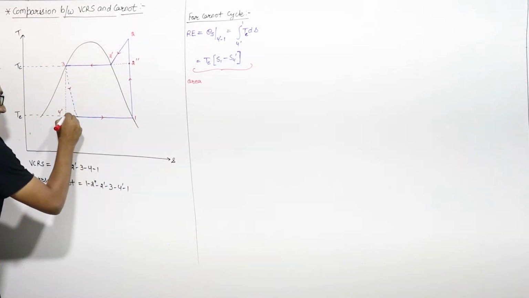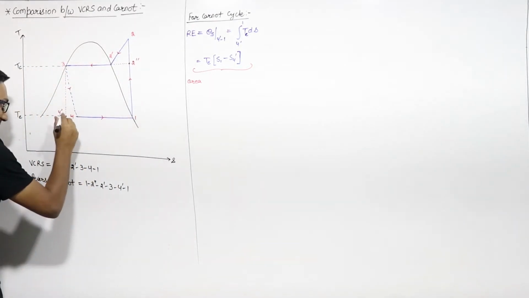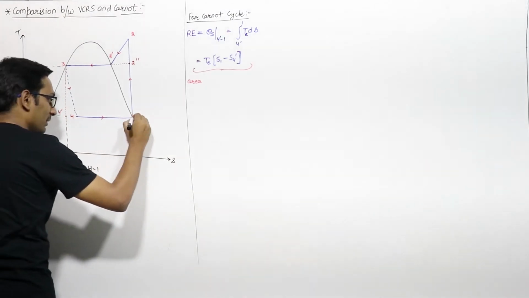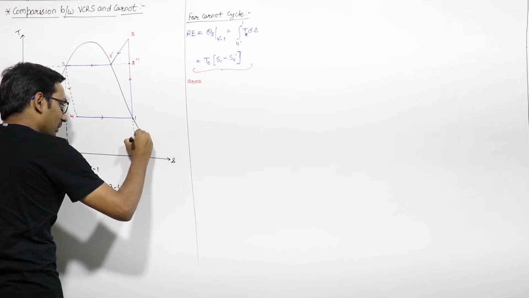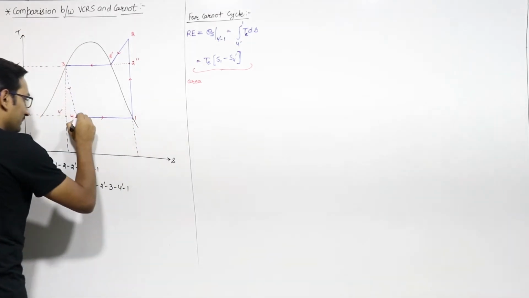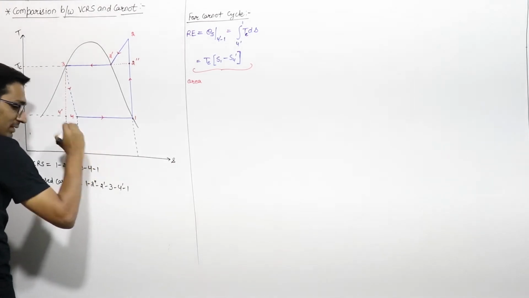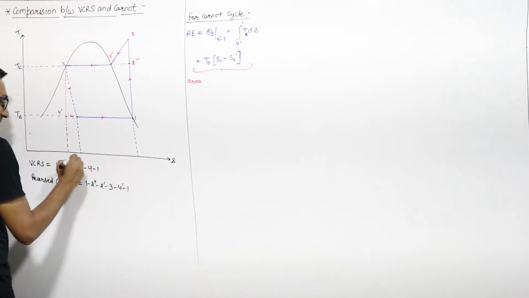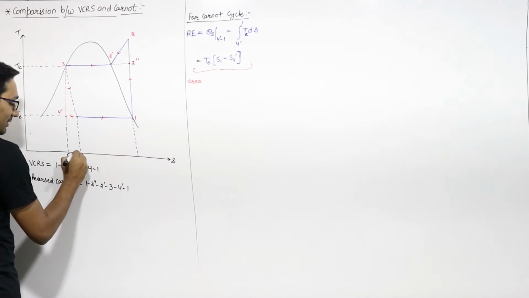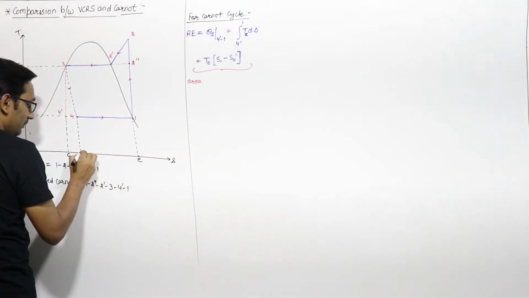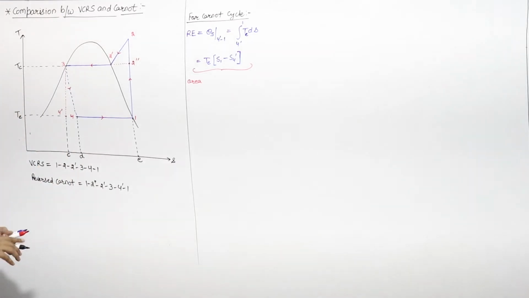So if you extend all these points up to the entropy axis like this, and if I name them, let us say this is point C, this is point D, and this is point E. So what is the refrigeration effect for the reversed Carnot cycle?